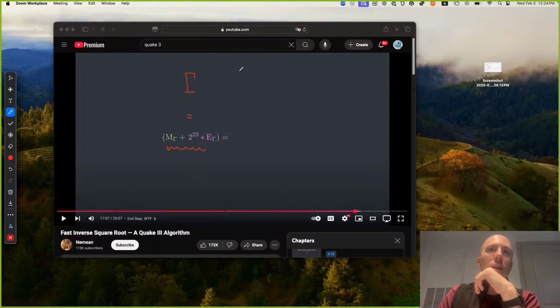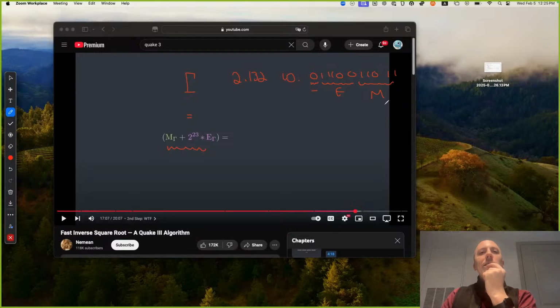If I say gamma is 2.132 versus gamma is 0.1110010, where we have the sign and the exponent, these two things are the same exact thing. You're just viewing it differently.